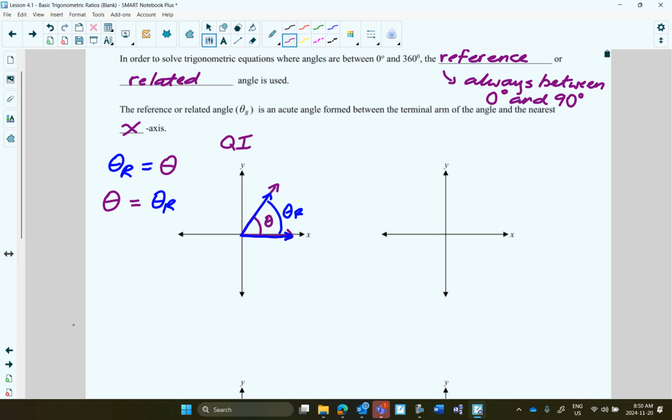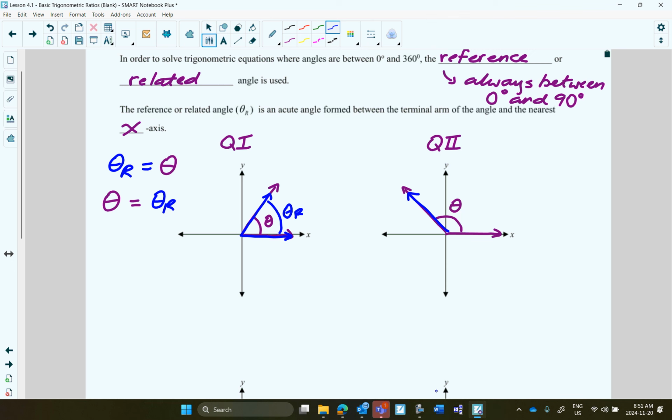So let's draw an angle that ends in quadrant 2. Like so. How do I find the reference angle? Well, one of the arms is the terminal arm of the original. And then the other arm, which turns out to be the initial arm, is the nearest x-axis, which is where?